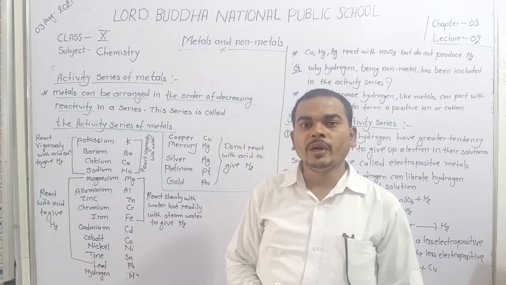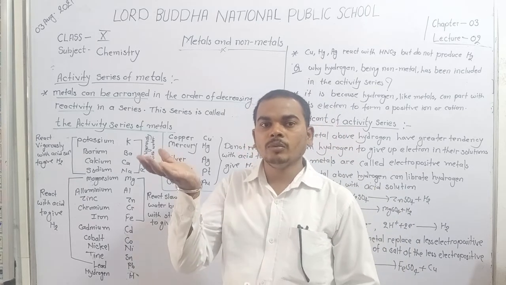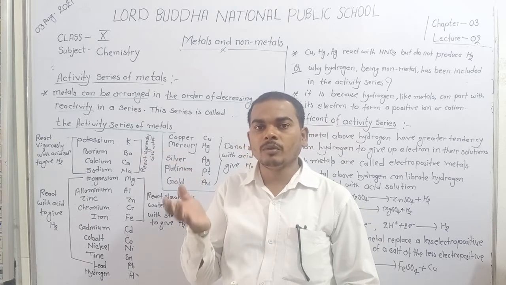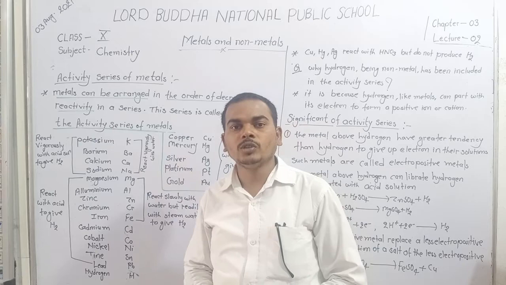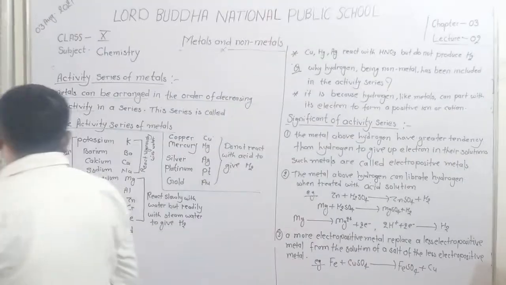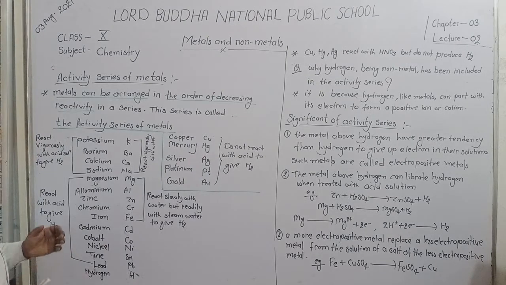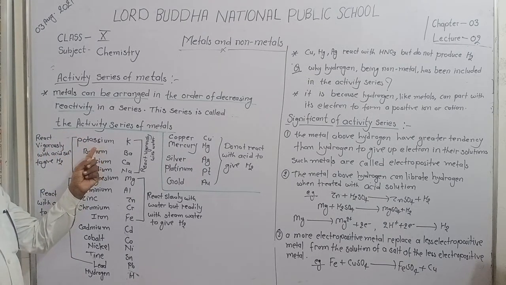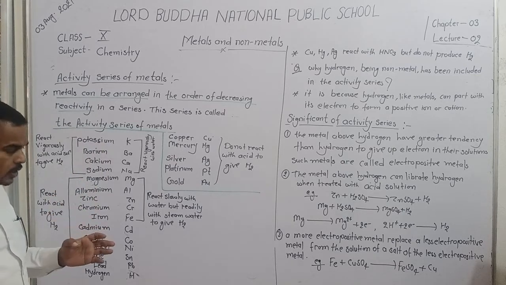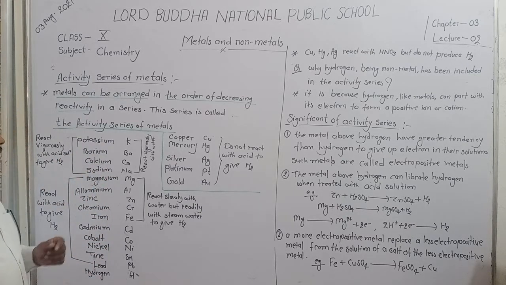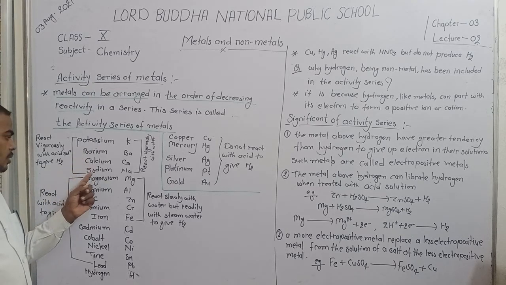It means the metals placed above are known as more active metals, and the metals placed below are known as less active metals. Here the first metal in the activity series is potassium, which is more active than other metals, then barium, calcium, then sodium.